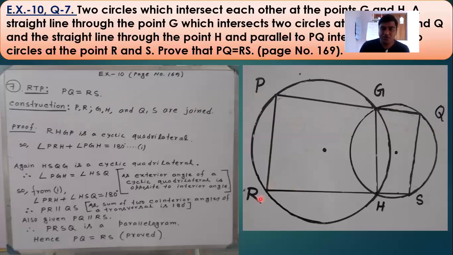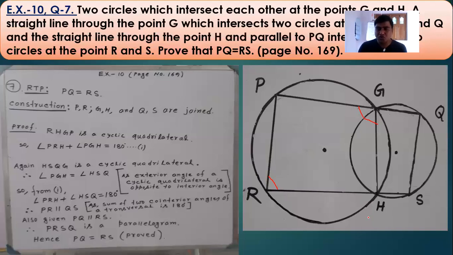So P, R, H, G is a cyclic quadrilateral. In a cyclic quadrilateral, opposite angles are supplementary. So angle PRH and angle PGH, the sum of these two angles is 180 degrees. Call it equation number 1.